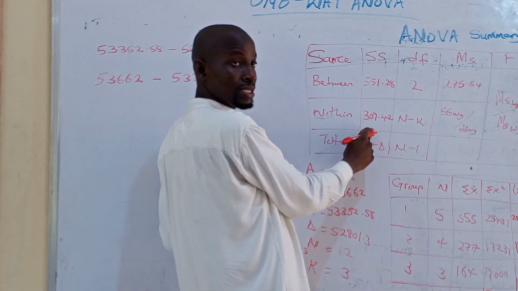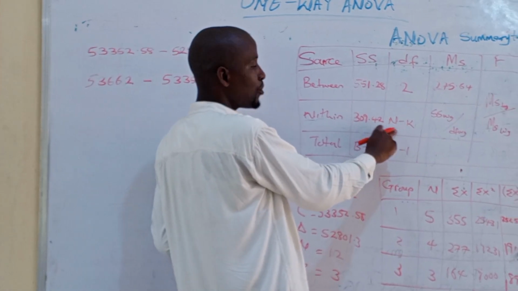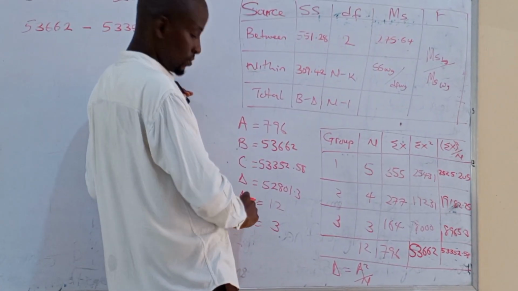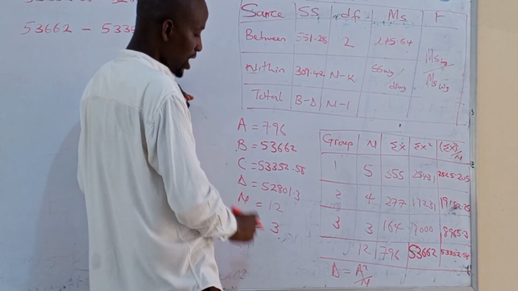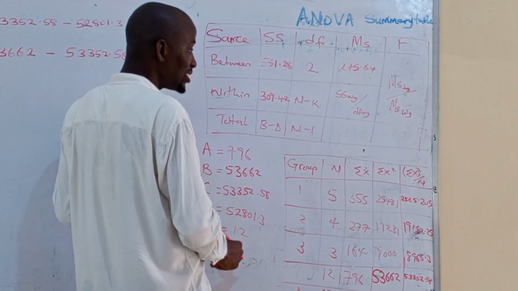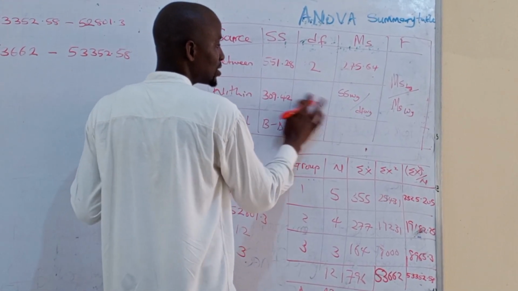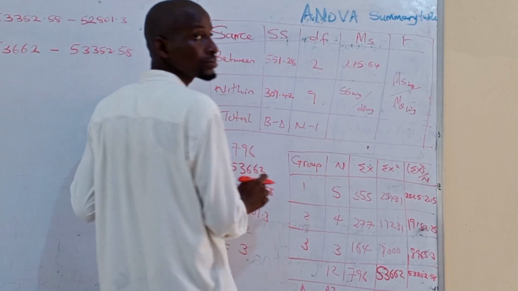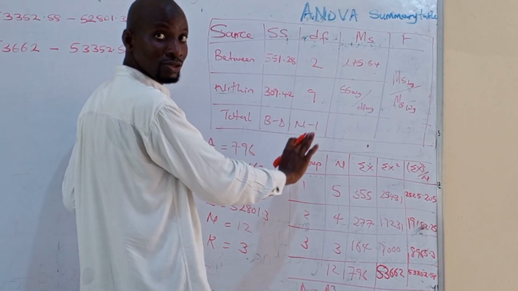B minus C. Now we go into this. Our n is what? 12. So if our n is 12 and our k is 3, n minus k will be 12 minus 3, and that is what? 9.